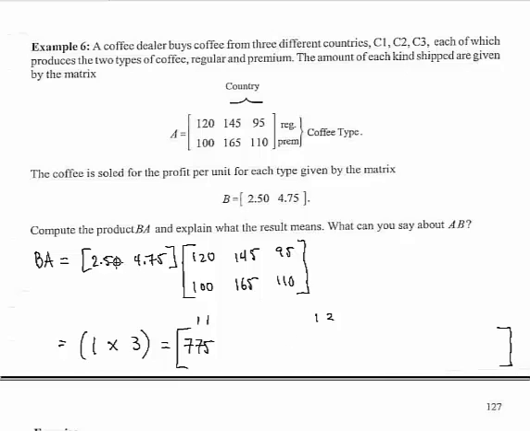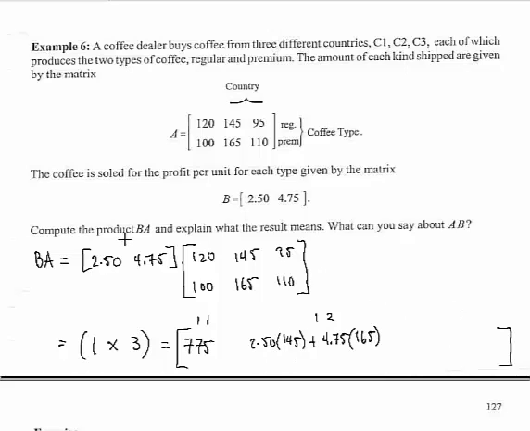Alright, so we say 250 times 145, and then we add to that 475, price of the premium coffee, times the amount, 165.